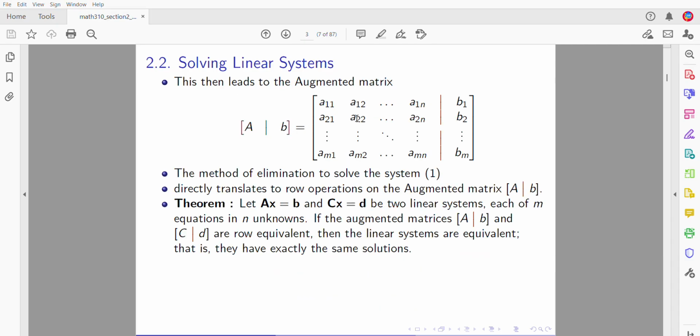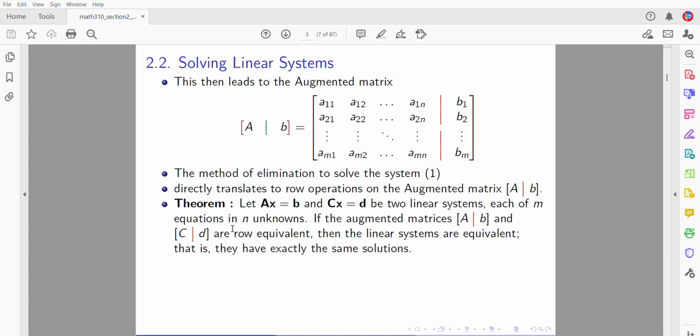Suppose you have two systems, AX equals B and CX equals D. Both of them have m equations in n unknowns. Build augmented matrices AB and CD. They are row equivalent. Means what? We have used row operations.